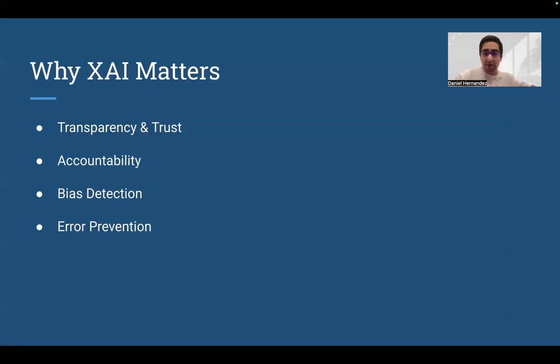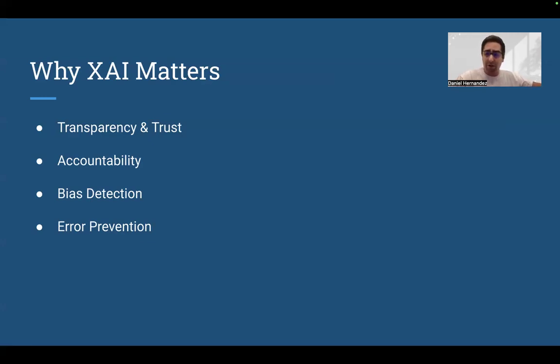So now that we've seen an example of how XAI works, let's talk about why it actually matters. As AI becomes more integrated into important areas like healthcare, finance, hiring, and even criminal justice, their decisions can have major real-world consequences. If those decisions come from black box models, it's very hard for us to trust or verify them.